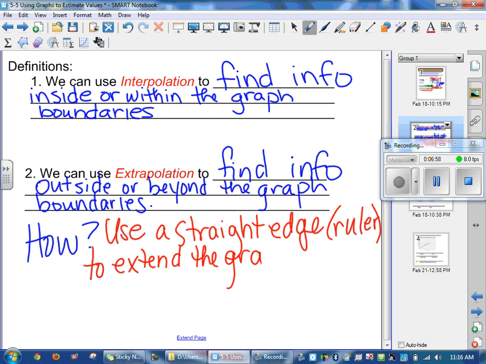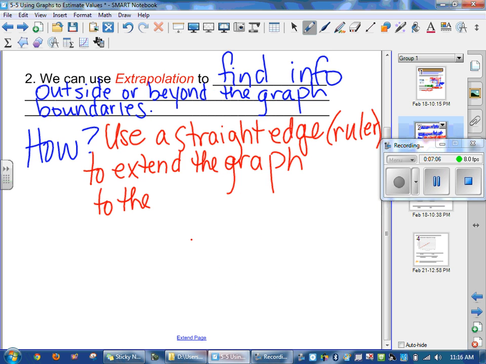You're going to extend it to the right and up. You're going to extend it to the right and you're going to extend it up. Then you do the exact same things. Find the information, you carry it up to the line and across, or you go across and down, depending on which information you're given.